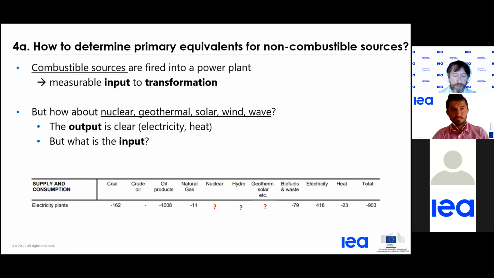However, we don't know what the inputs were, as there were no combustible fuels used. However, a balance has to balance. If there's outputs, you need inputs. So we need to make an assumption in deciding what the inputs, or the primary energy used, for these products are. And this is important because you need to know the primary energy in order to calculate total primary energy supply. So here we have to make some assumptions.